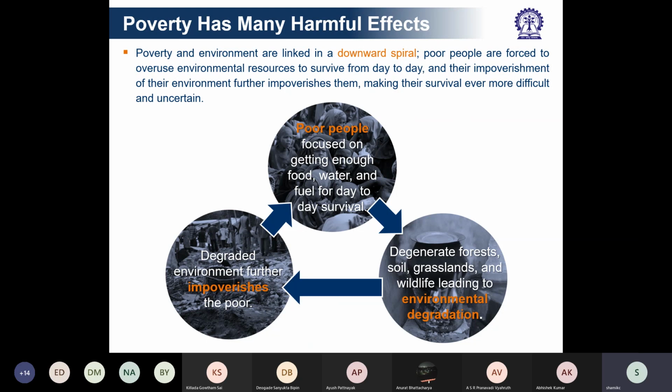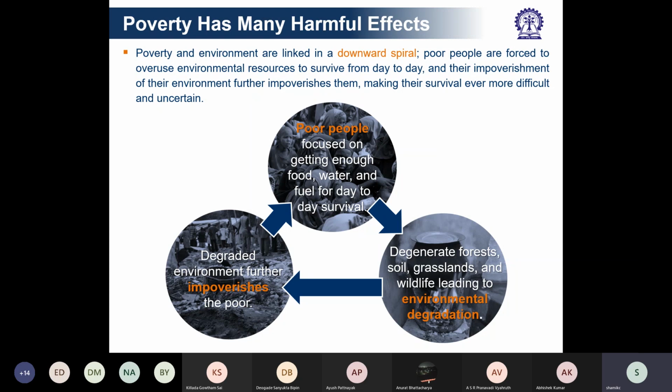Now, first and foremost, you need to understand that poverty and environment are closely interrelated. People living in extreme poverty are actually seldom the principal creators of environmental damage. But they are the first people to bear the brunt of environmental damage, and are therefore often caught in a downward spiral.